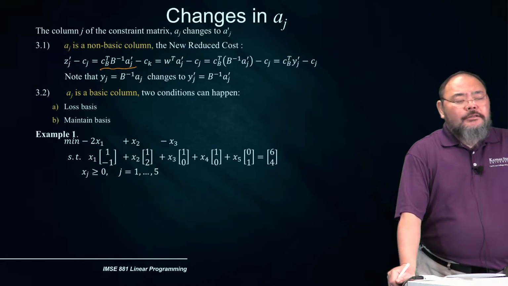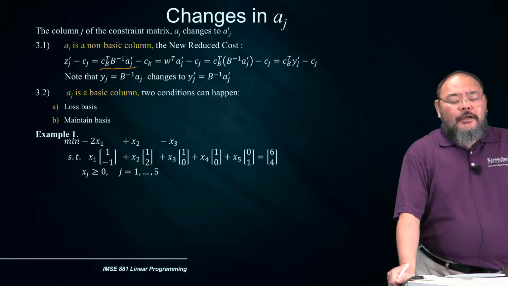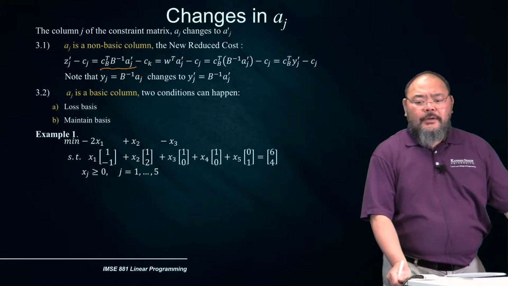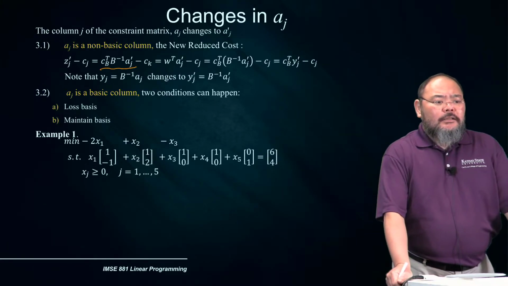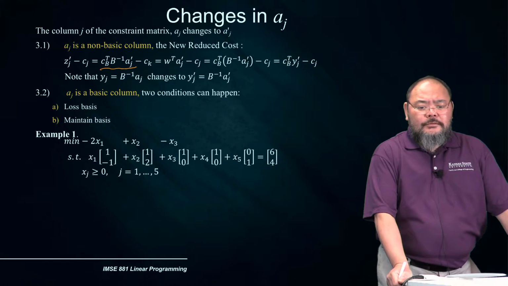If Aj is a basic column that changes, then two conditions can happen. First is loss of the basis. In this situation, of course, this lecture contains several methods to correct it, but in reality, if that's the case, it's better to resolve the linear program.